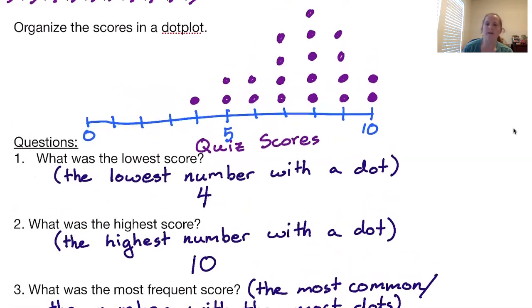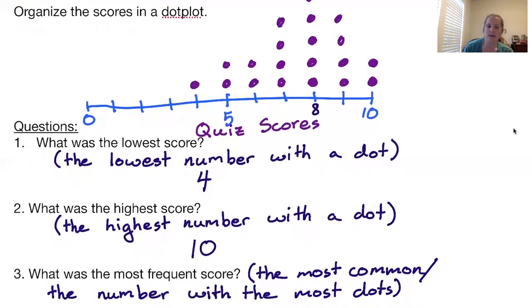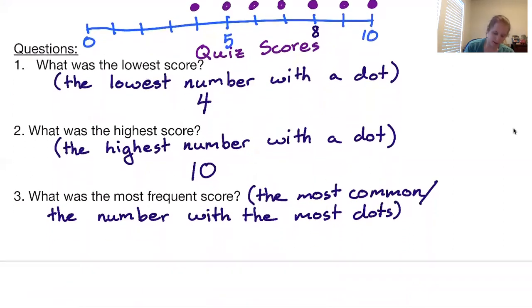If we look at our dot plot, the number with the most dots is at our 8. 8 has 5 dots, so the number 8 is the most common.